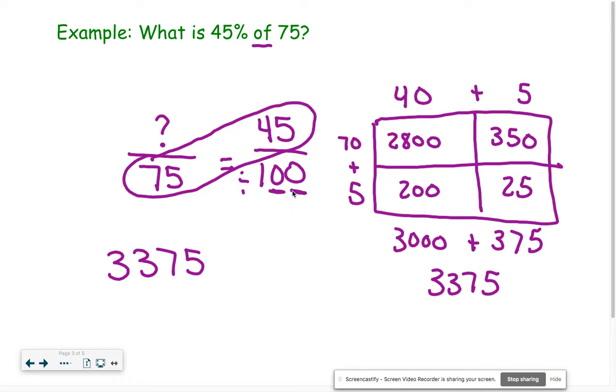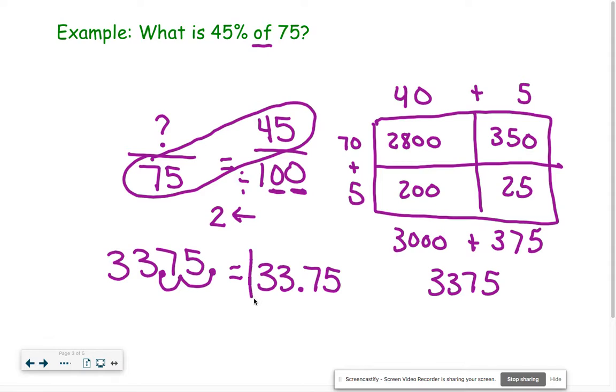100 has two zeros. So we're going to move it two spots to the left because we want to make it smaller. So we take our decimal, it's at the end of a number, we move it in one spot, we move it in two spots. So our new answer that we get is 33.75.